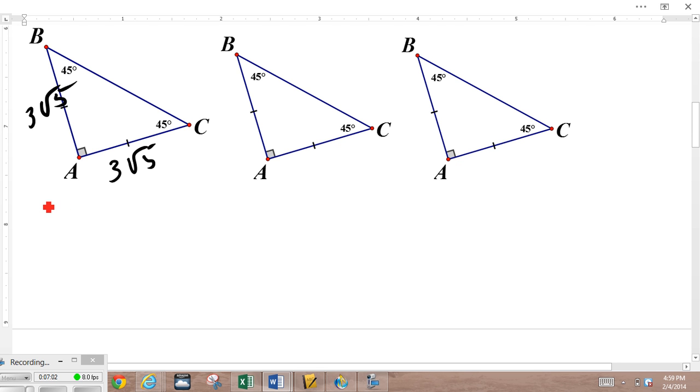Okay, so we've got 3 the root of 5 squared plus itself, 3 the root of 5 squared. And we want to know what the hypotenuse is, which we're going to call x, right? So 3 the root of 5 squared. Remember, the number out front, that's squared.